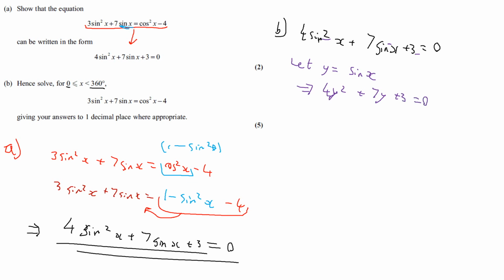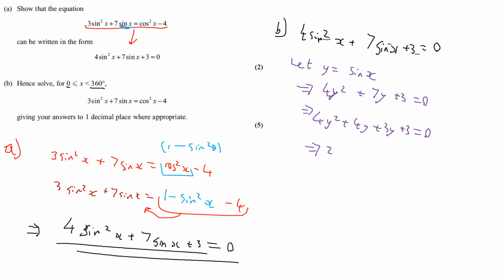Now let's factorize it. What are two numbers that add up to make 7 but multiply to make 12? 3 and 4. So 4y squared plus 4y plus 3y plus 3 is equal to 0.